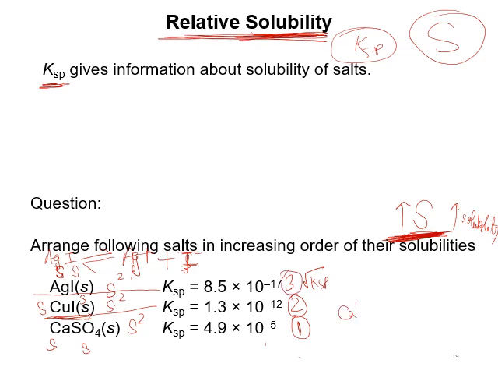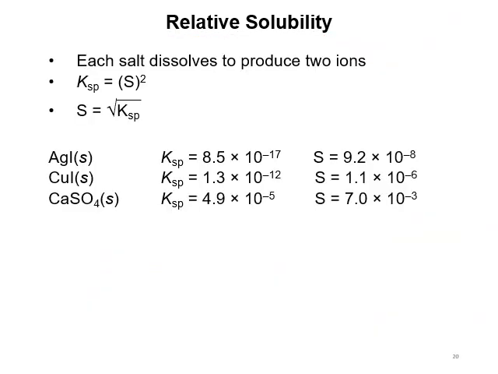So essentially calcium sulfate will be more soluble, then copper iodide, then AgI is going to be the least soluble. And like I said, if you can't do this in your head, you can always calculate capital S for each of these and then compare. If I calculate capital S, it's the same exact order. This S is the smallest one, so it's the least soluble, then the next, and then the most soluble.